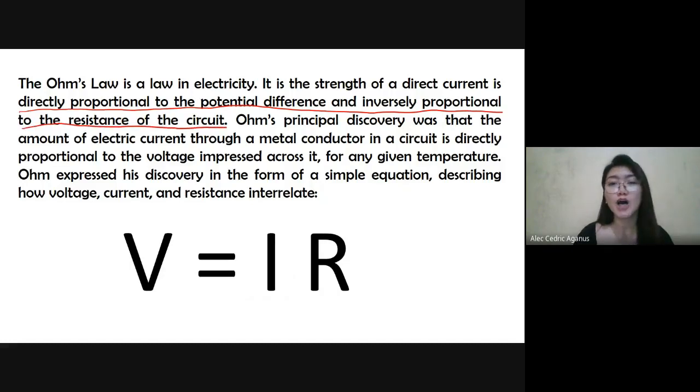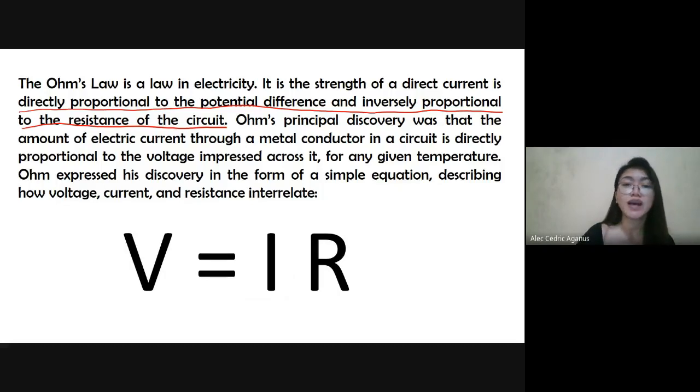Ohm's principal discovery was that the amount of electric current through a metal conductor in a circuit is directly proportional to the voltage impressed across it for any given temperature. Ohm expressed his discovery in the form of a simple equation describing how voltage, current, and resistance interrelate. So we have the equation under Ohm's law. It's V is equal to IR. V is your voltage measured in volts.